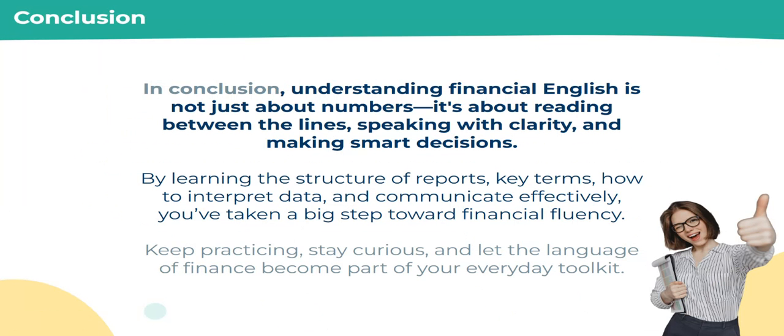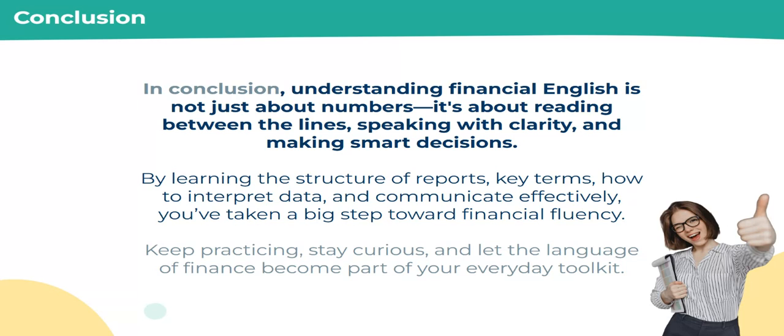So we are coming towards the end of our conference lesson today. So we have a conclusion before we do finish. So here it comes. In conclusion, understanding financial English is not just about numbers. It's about reading between the lines, speaking with clarity, and making smart decisions.